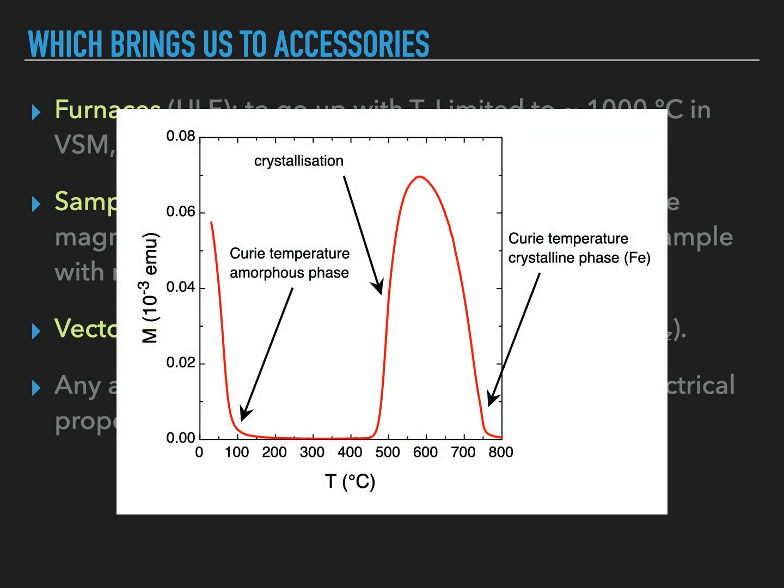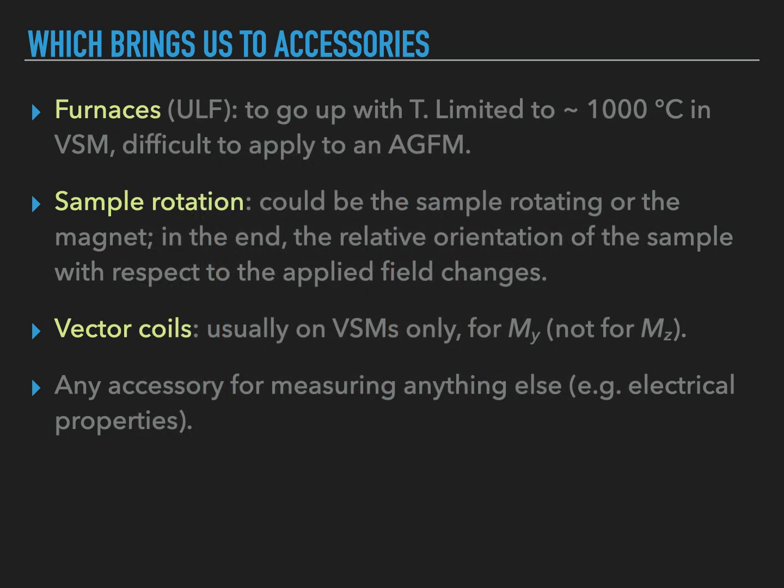They are extremely useful for measuring phase transitions in metastable magnetic materials and Curie temperatures. Other very useful accessories include the automatic sample rotation and the vector options for doing anisotropy measurements, as we discussed earlier.